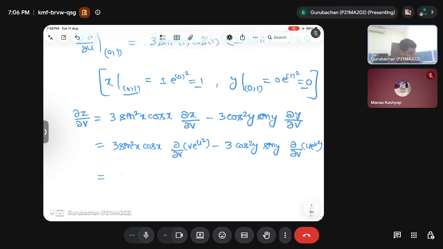So this gives us e to the power u square, and this will give us sine of y, 2uv e to the power v square.